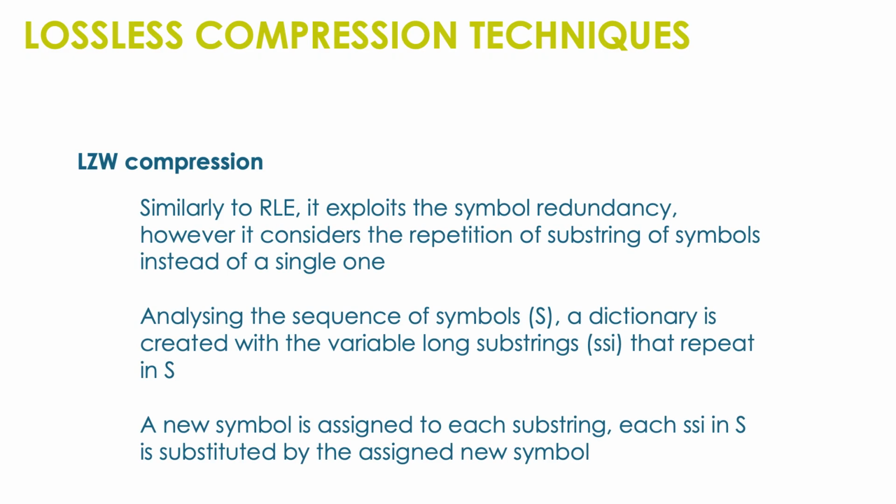A more complex lossless compression technique is the LZW compression, which is similar to RLE since it exploits the symbol redundancy. However, it considers the repetition of strings of symbols instead of single ones.